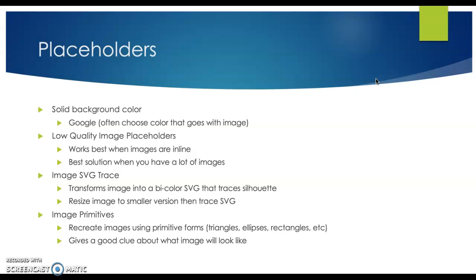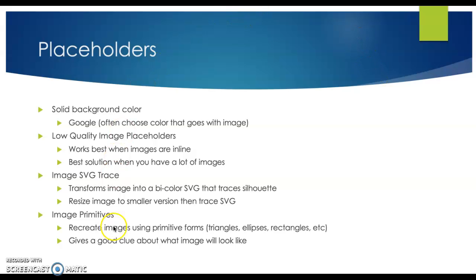There's also an image SVG trace, where you take your original image, you can use a smaller size of it and basically trace it into a silhouette, an SVG file, and then it slowly transitions into the original picture using a CSS transition. And then there's also image primitives, which are probably my favorite type of placeholder, but they are a little bit complicated.